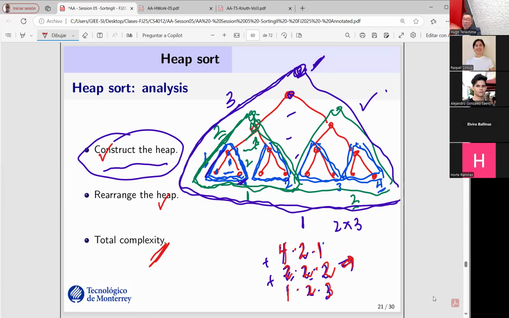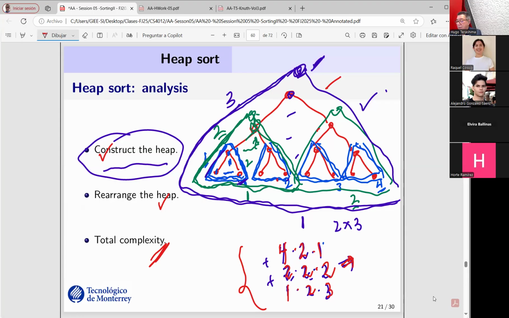Total is the number of comparisons for constructing the heap. So, do you understand this behavior? So we're counting the blue ones, the green ones, and the purple one, right?